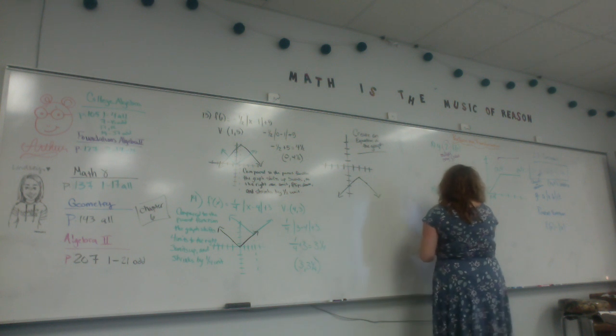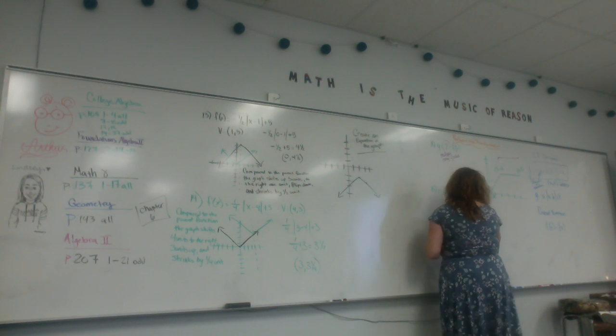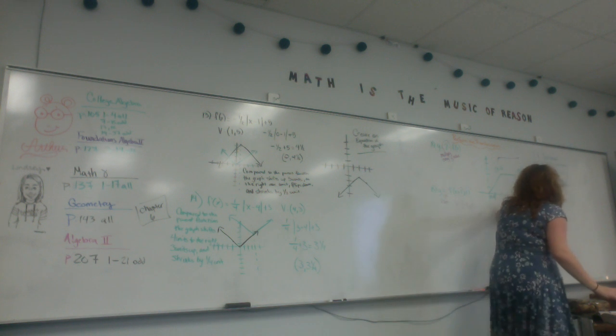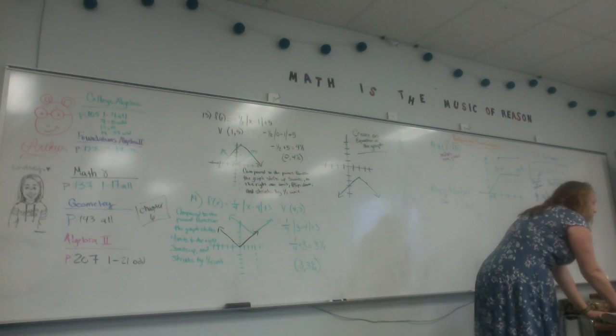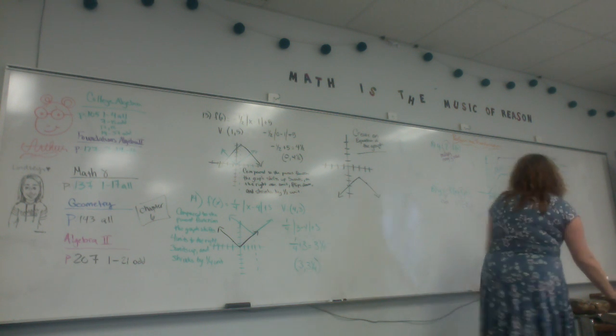Okay, so your vertex now is at what? 2. Not negative 2, 1. Okay. Where is your vertex originally in this picture? What would you think is your normal vertex? 0, 0. Okay?